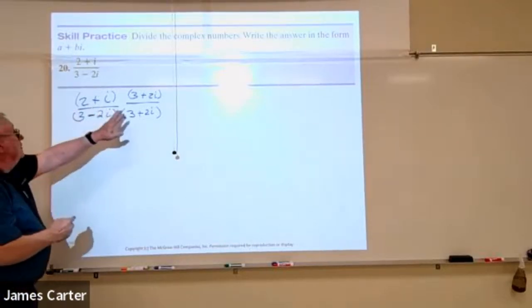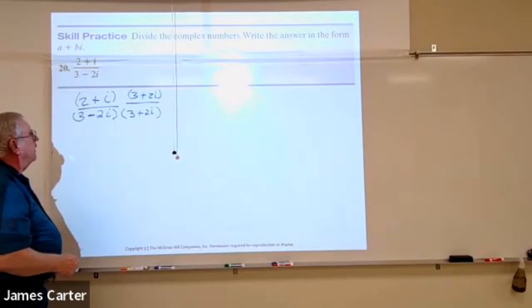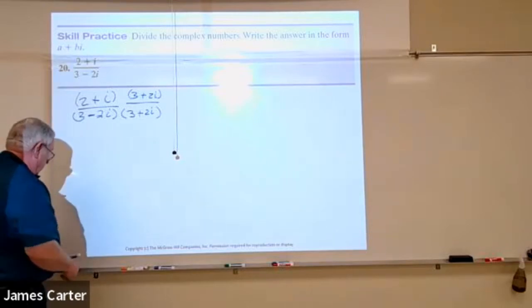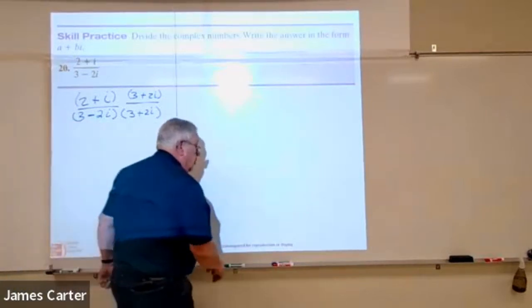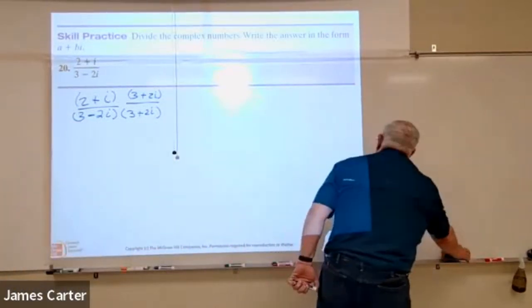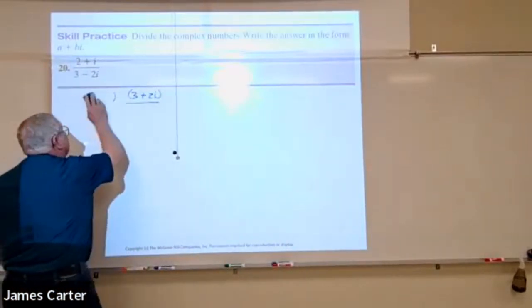Now, once we've got this, we can actually multiply this stuff out. One way of doing this and showing the work, and I think I'll do that because I'm known to do it this way because it's convenient.